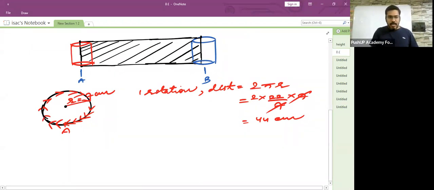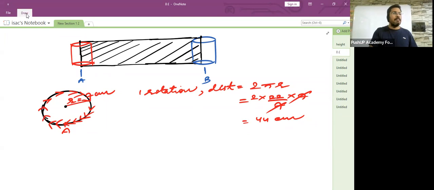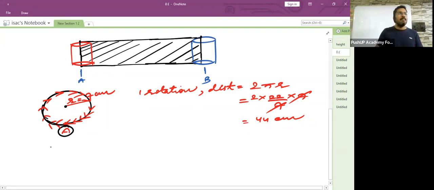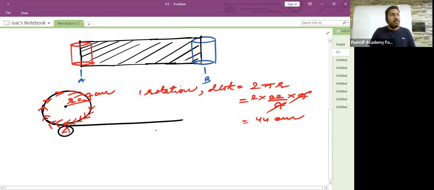Now try to understand what I said. Children, this wheel is going to start its movement from point A. So when this wheel rotates one time, the distance covered will be how much? 44 centimeters.